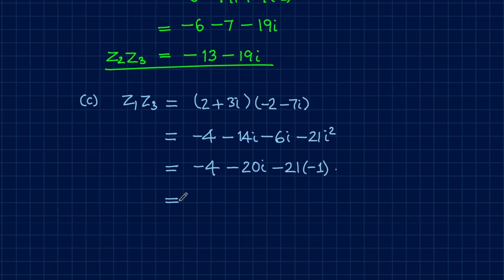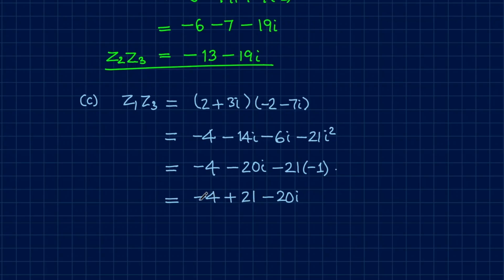So collecting the real parts together, we have our negative 4. This time it goes to positive because negative times negative is positive, and we have 21, and we have negative 20i. And finally, we have to simplify this.